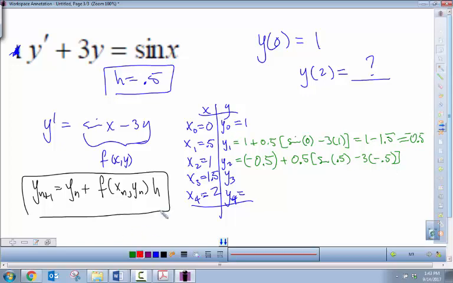There's a lot of 0.5s here, but these 0.5s are all different. This 0.5 is y sub 1, this 0.5 is h, this 0.5 is x sub 1, and this 0.5 was y sub 1 again, per our formula.